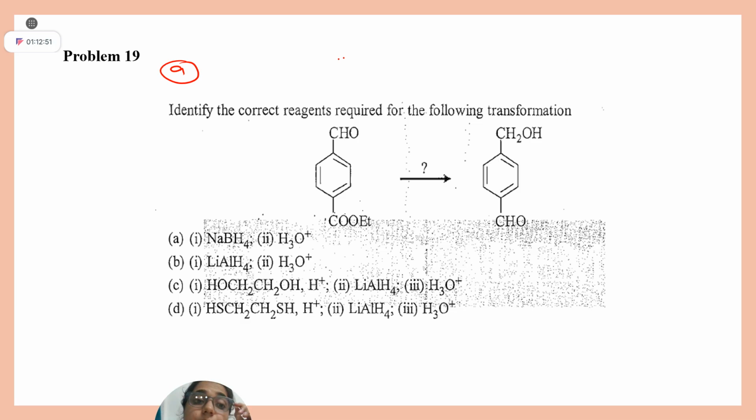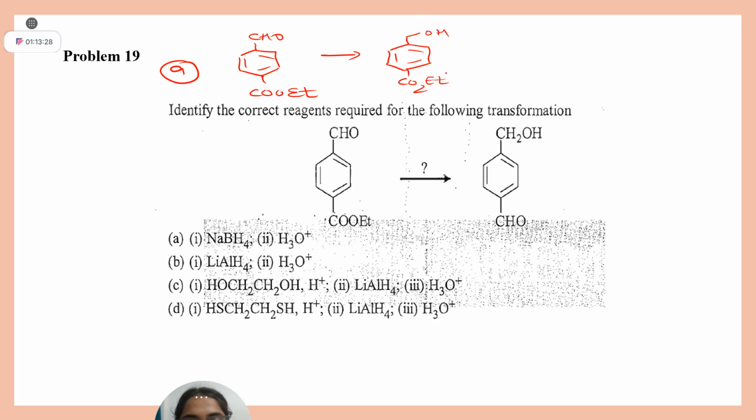So in option number A, NaBH4. From the hydride based reducing agent chart, you know from basic general organic chemistry that aldehyde is more reactive than ester, and NaBH4 goes for aldehyde. So in option A, in the presence of NaBH4, you will be getting CH2OH.